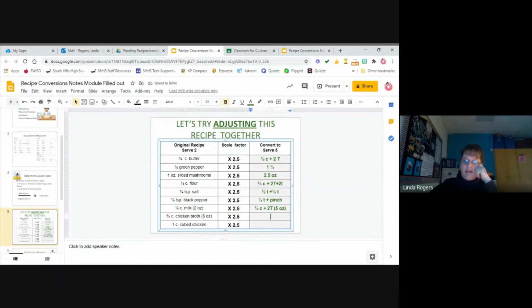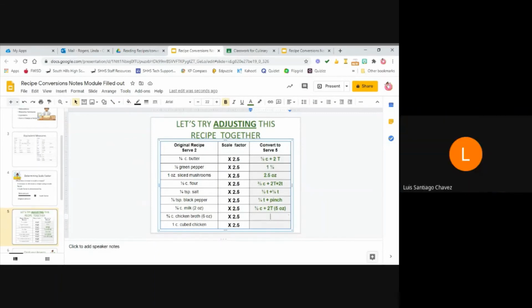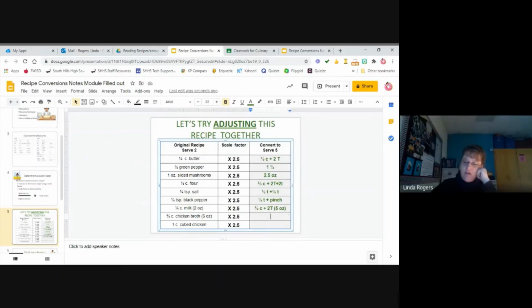What's 6 times 2.5? 12 and about 3. You can use your calculator. 15. Good. So 15 ounces. See how we did that? So with liquids, it's going to be easier to convert it into ounces and multiply it.